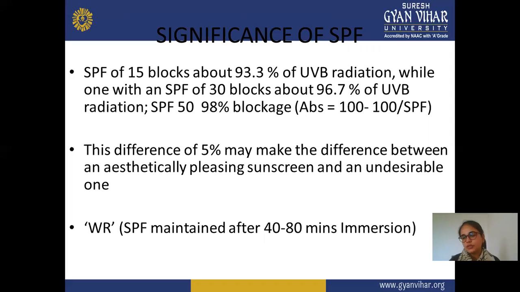Means if you are using SPF 15, which comes in the low category, it blocks almost 93.3% of UVB radiation, while SPF 30 blocks about 96.7% of UVB. These both have a difference. If you are using only SPF 15, then it protects only about 93.3%, or if you are using SPF 30, then it protects about 96.7% against UVB radiation.